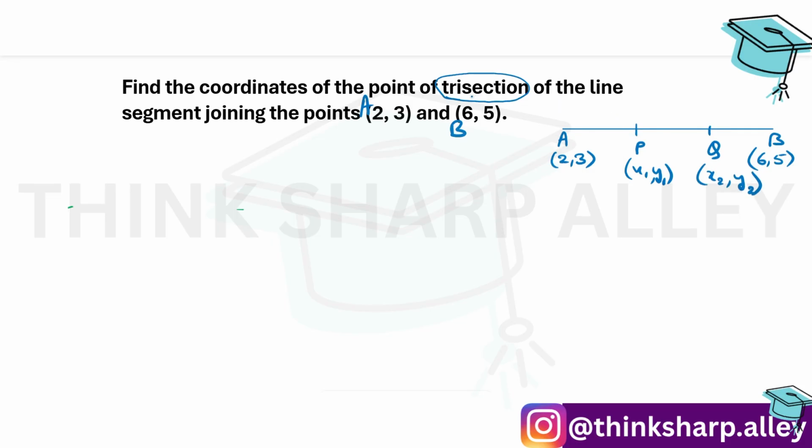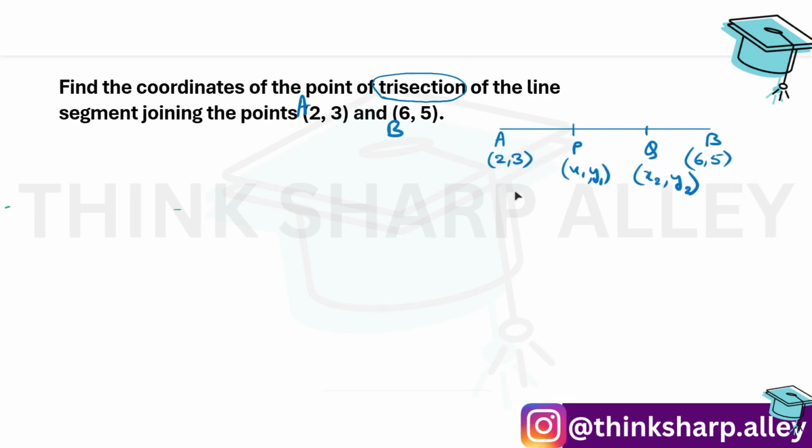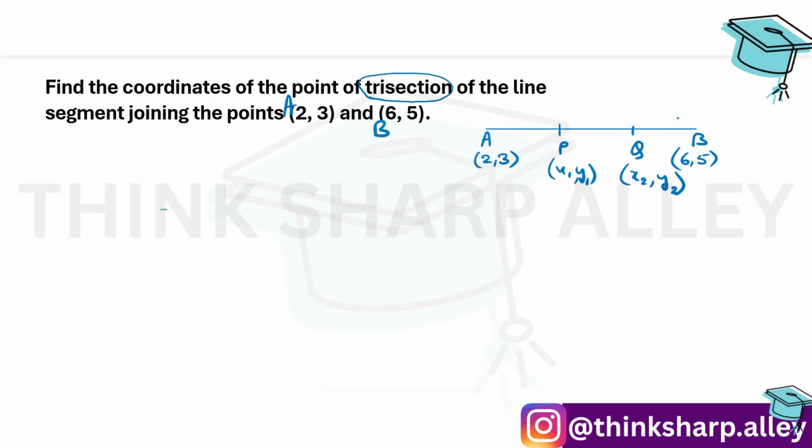Now, since it is a question of trisection, the line is being divided into 3 equal parts. So that means AP is to PQ is to QB is equal to 1 is to 1 is to 1.